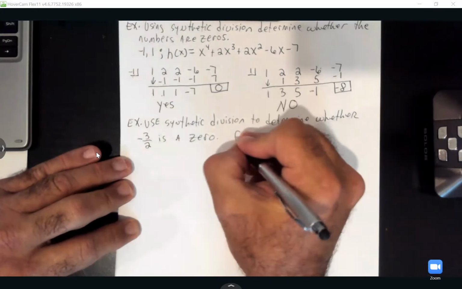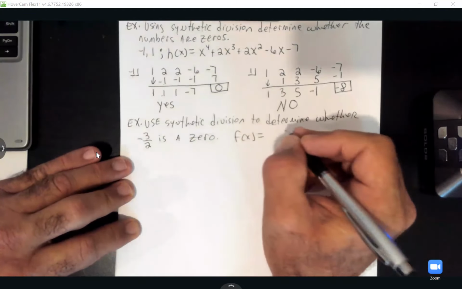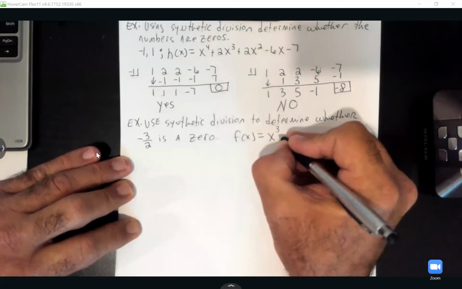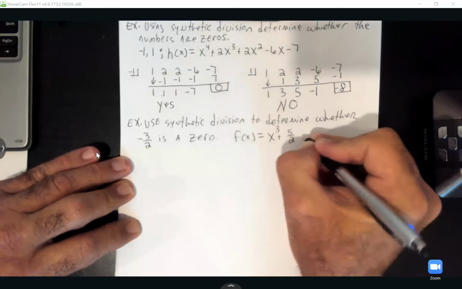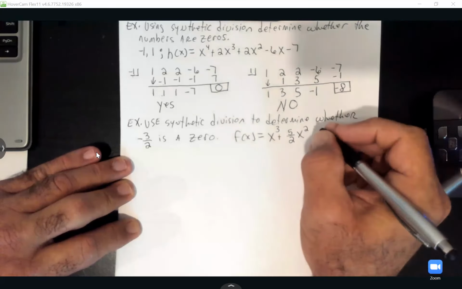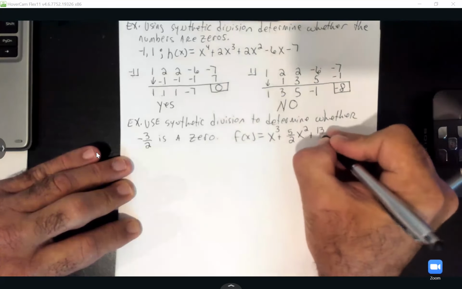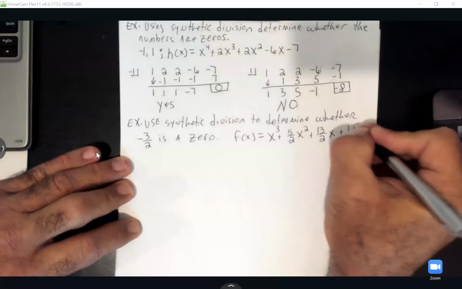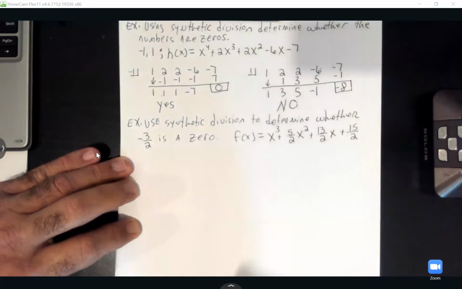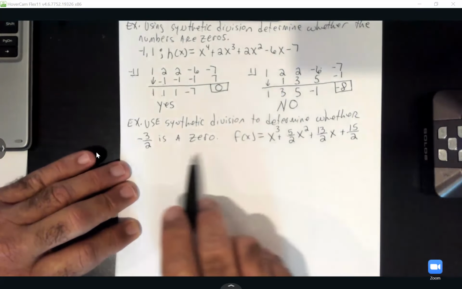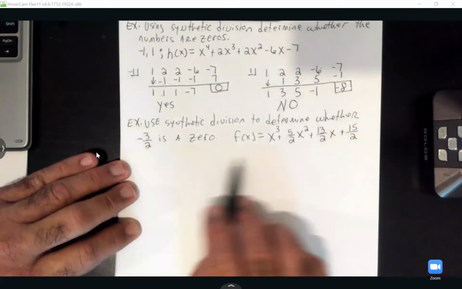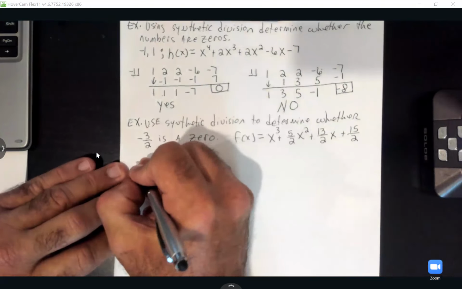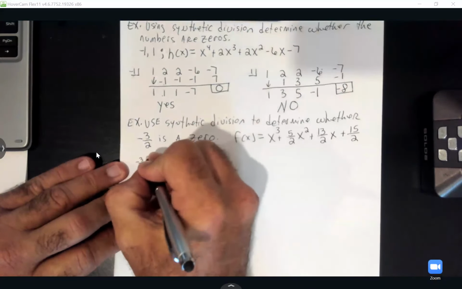My function is f of x equals x to the 3rd plus 5/2 x squared plus 13/2 x plus 15/2. So if you love fractions, you're going to love this problem, okay? So I'm still checking to see if it's a 0. So my C is going to be the -3/2 this time.